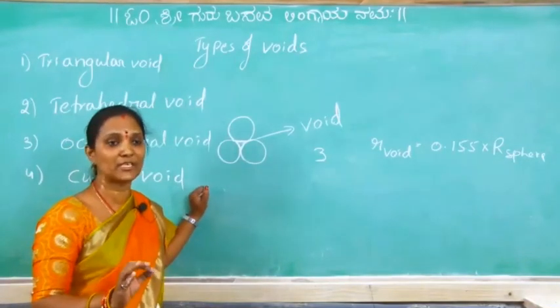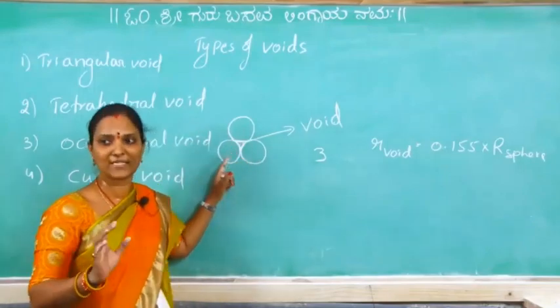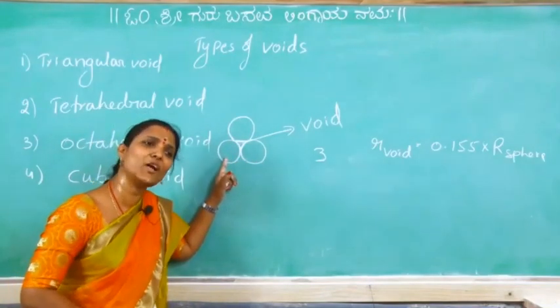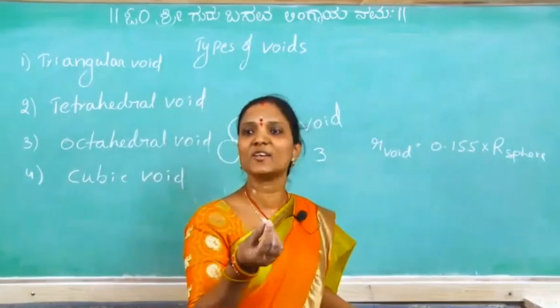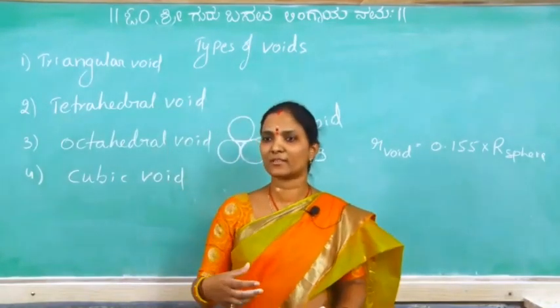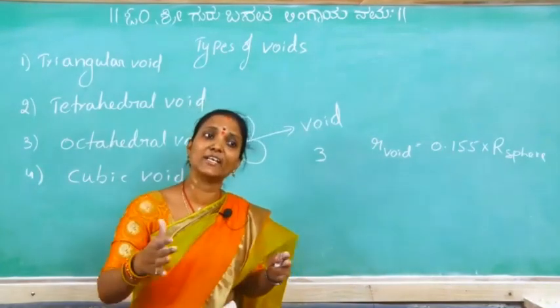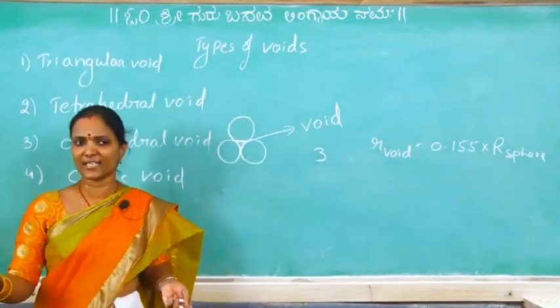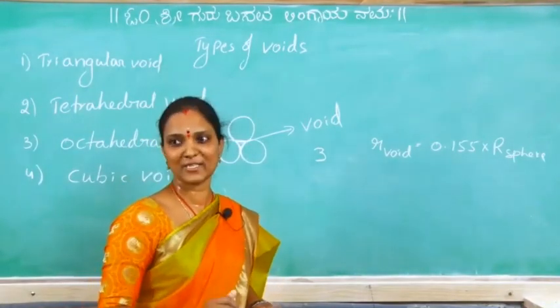One more type of question. Spheres are generally anions, and cations occupy the voids. Why do only cations occupy voids, not anions? Anion is large in size, cations are small in size. As positive charge increases, size decreases; as negative charge increases, size increases. We learned this in periodic classification once upon a time.